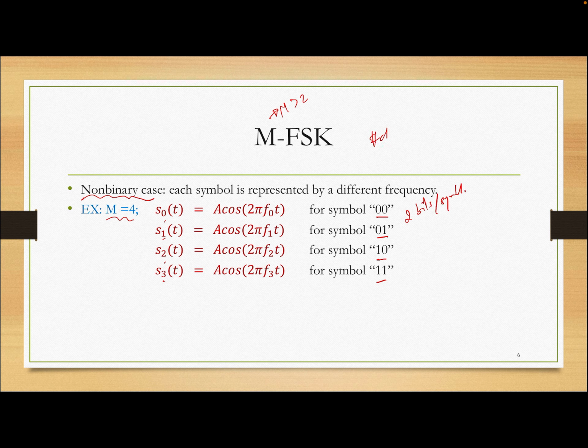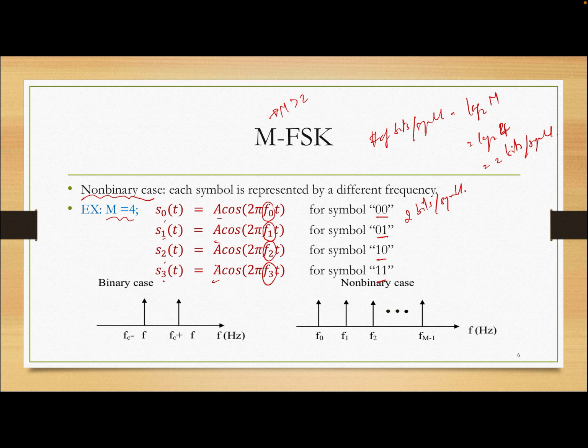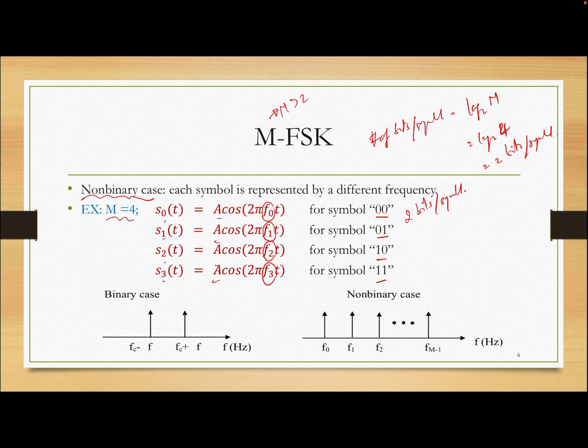The number of bits per symbol equals log base 2 of M, so log base 2 of 4 equals 2 bits per symbol. I use 4 different frequencies, F0, F1, F2, F3, with the same amplitude and the same cosine shape, it can be sine or cosine, with different frequencies.